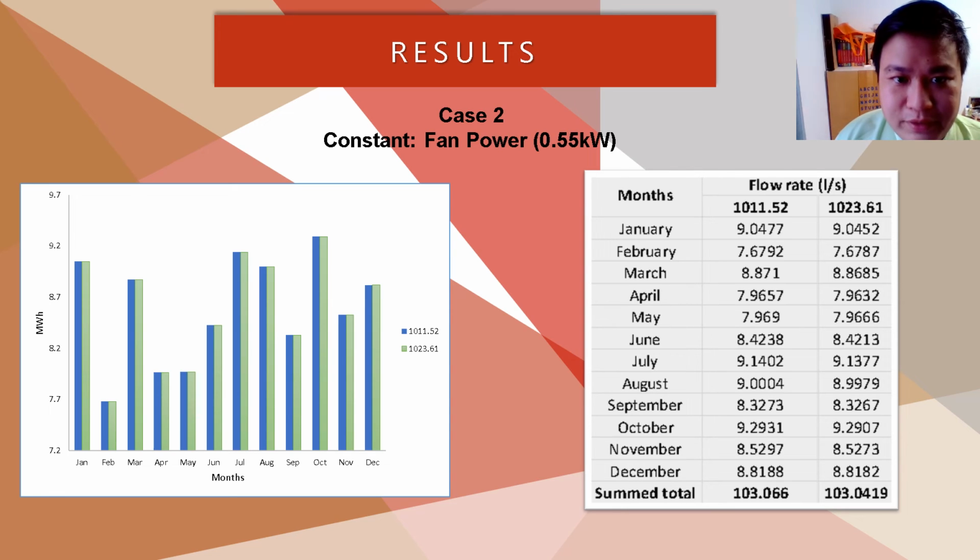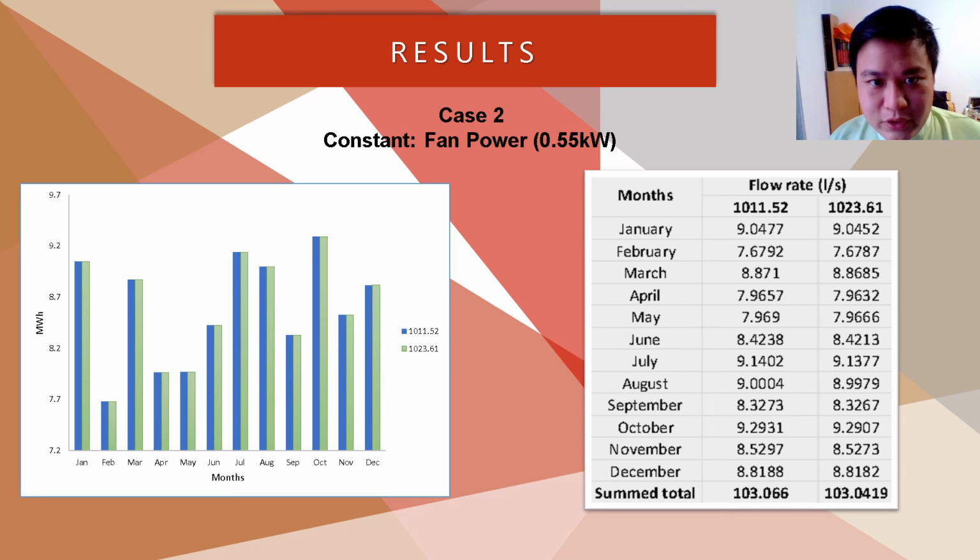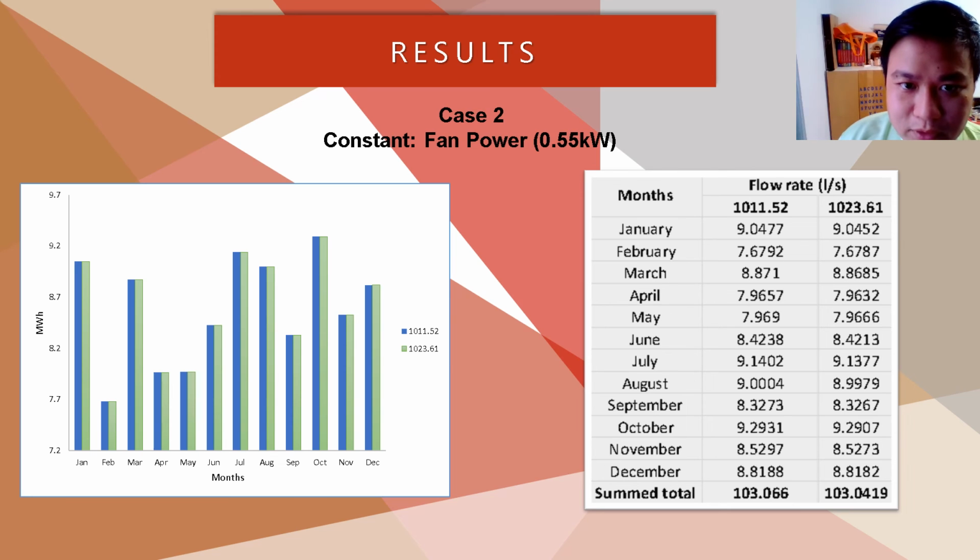Just now we compared fan powers at the airflow rate of 1011.52 liter per second, and we found that 0.7 is much higher than 0.55 kilowatt. So in this second case, we will use the 0.55 kilowatt fan power because it is lower than 0.7 kilowatt.